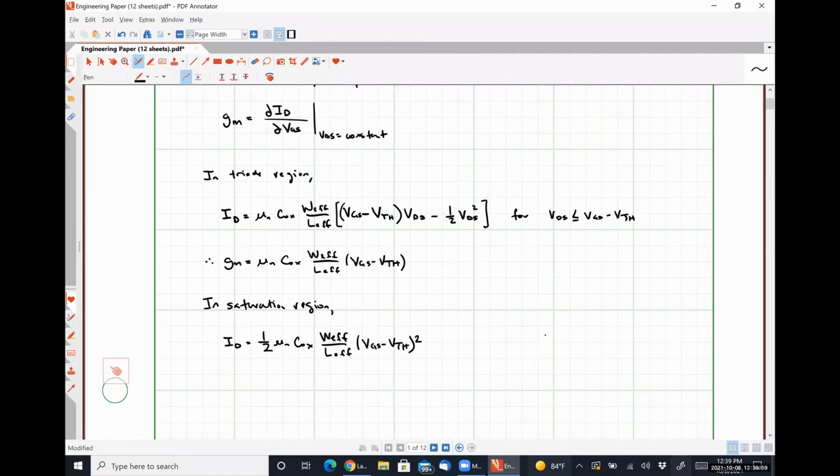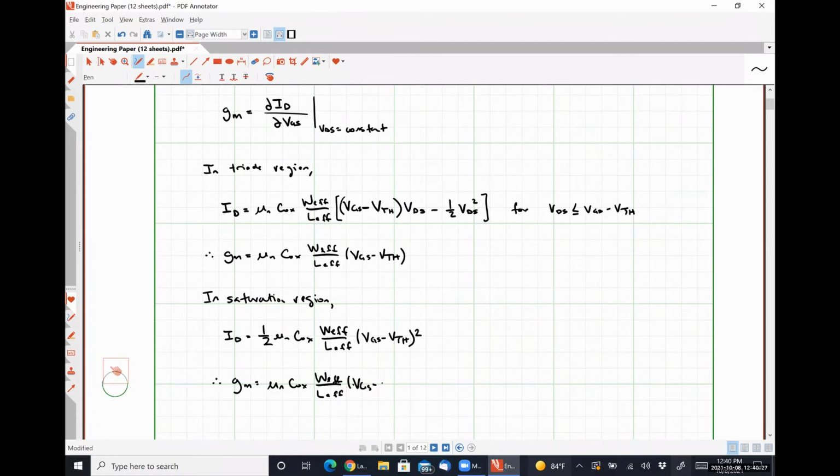So when we take the derivative of this with respect to VGS, we get mu n Cox W effective over L effective times VGS minus VTH.